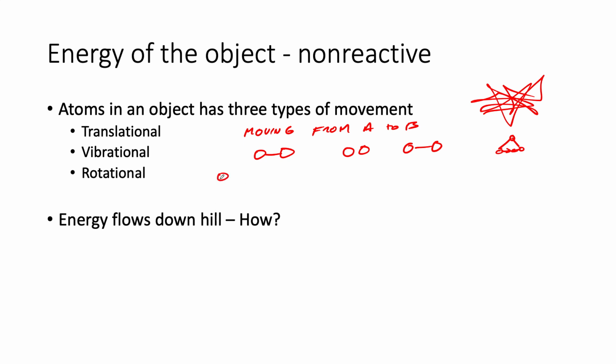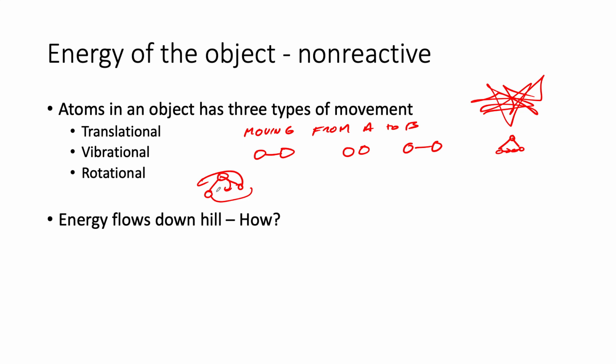So we have, say, this is water. This is moving this way, and this is moving like this, and this may move down. So it's rotating. And these are the three types of motion that atoms and molecules have. And all of them have particular amounts of energy. Now, when we look at energy, energy has to go from hot to cold.